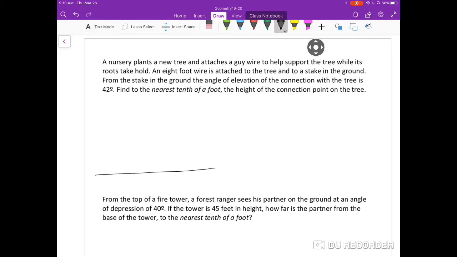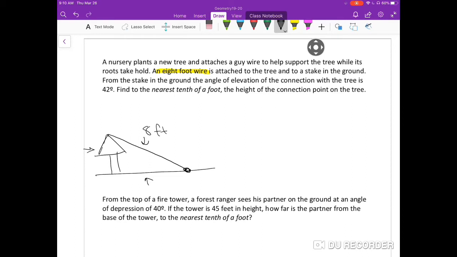When they ask you to draw a picture, try to draw it as realistically as possible so that you know what each thing is, because that's going to help you label in the end. It says an 8-foot wire is attached, so I know this is the wire, this is the tree, and that's the ground.